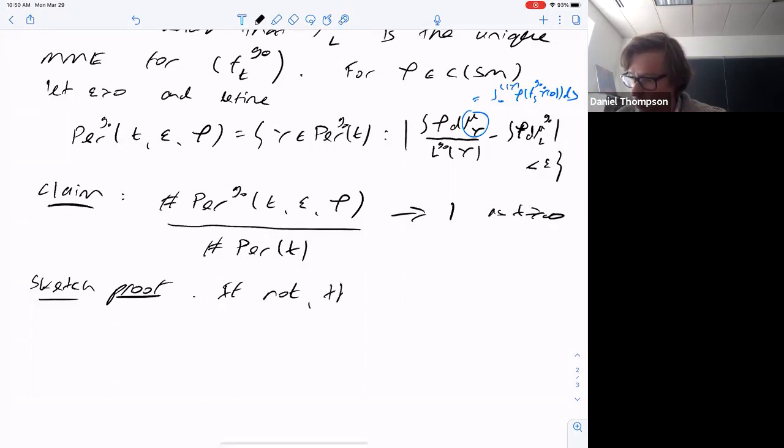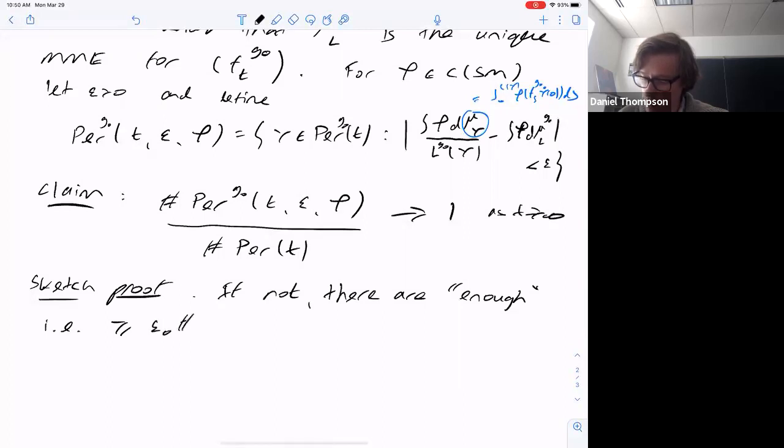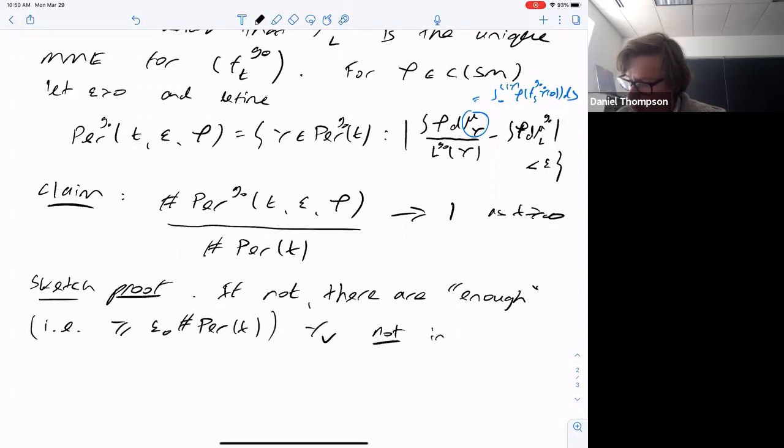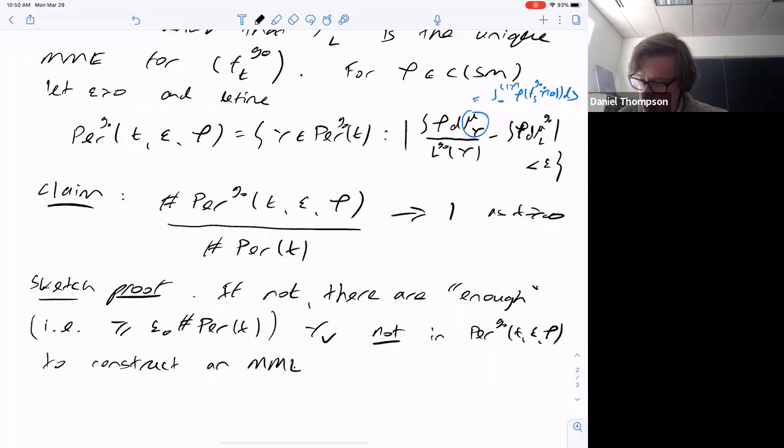So if not, there are enough, and by enough I mean greater than or equal to some epsilon_0 times the cardinality of Per_t, gamma not in Per_t(epsilon, phi), to construct an MME, which I'll label M. Let me explain in words a little more.